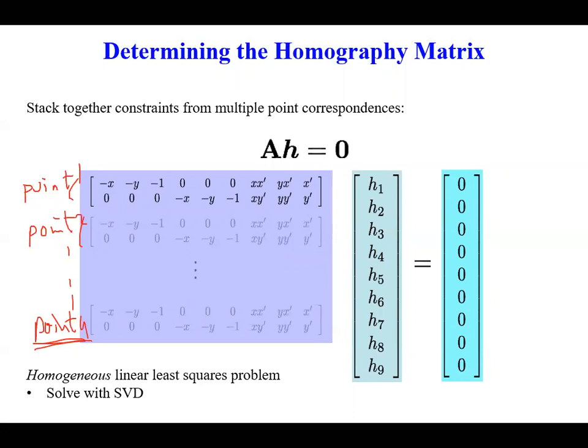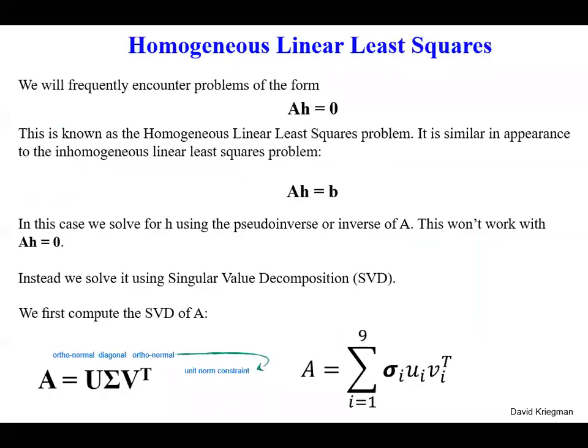I may also take more points than what I really need, because this will be an over-determined system, and we need to solve A H equal to 0. We mentioned that we need to do that with something called SVD, singular value decomposition. So A H is equal to 0 is our target, and this is called a homogeneous linear least squares problem.